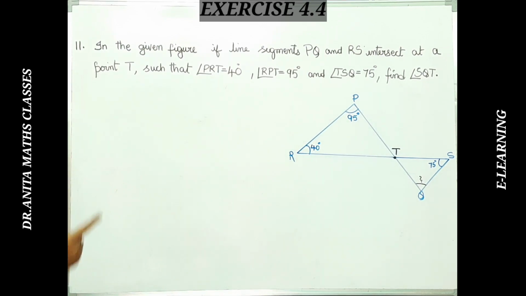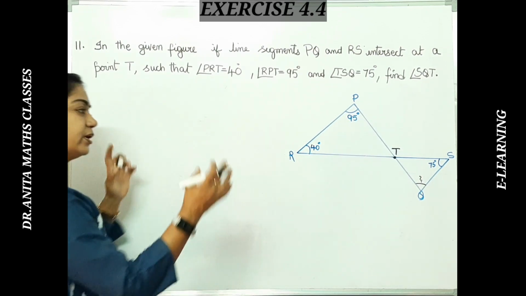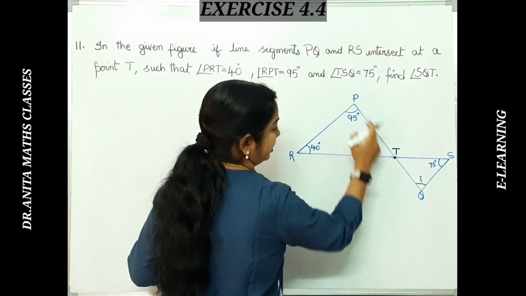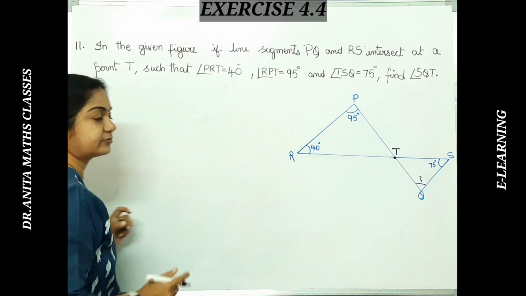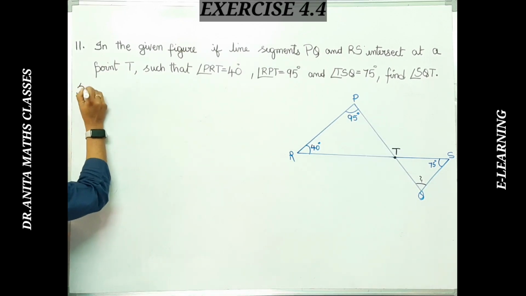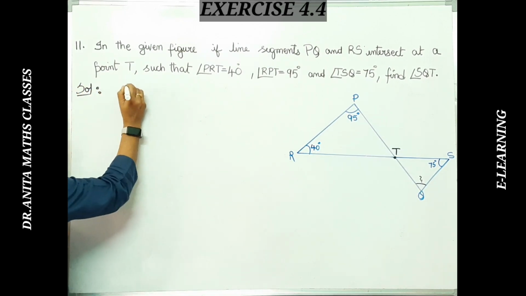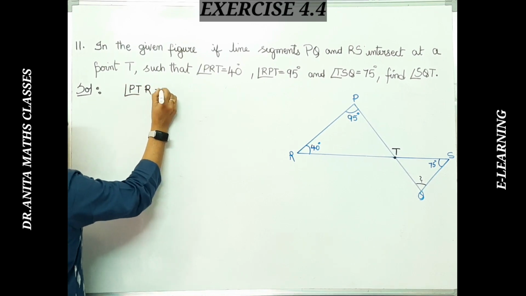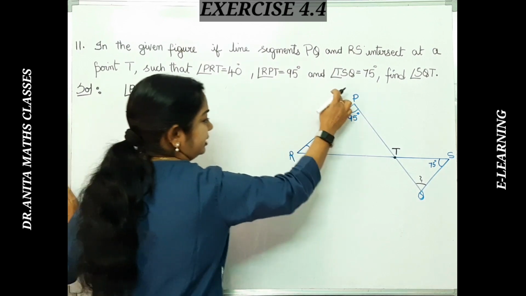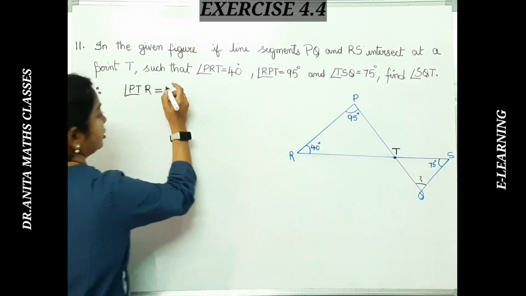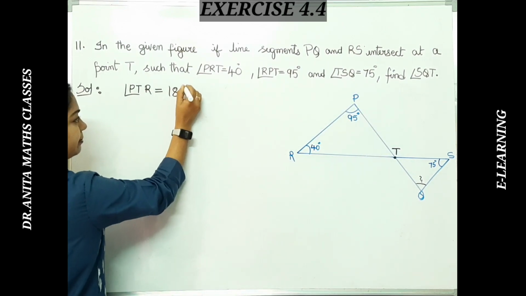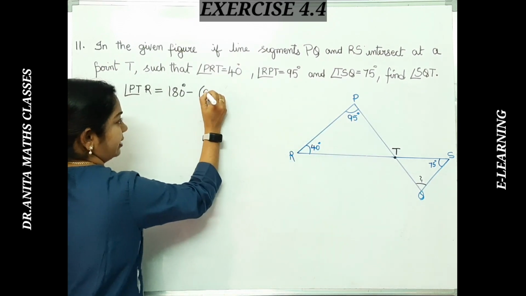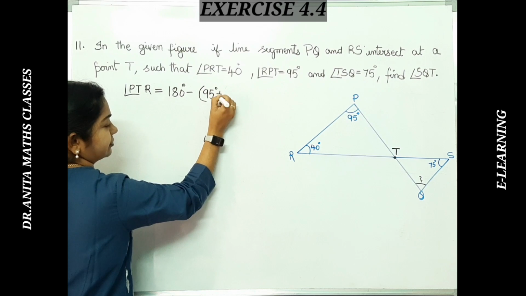If you see, there are two triangles here, and according to the angle sum property, we will first find this angle, that is PTR. So angle PTR equals 180 minus these two angles: add them and subtract from 180.